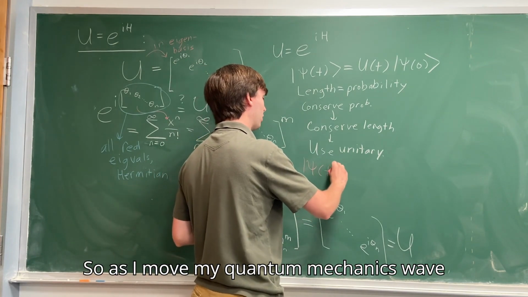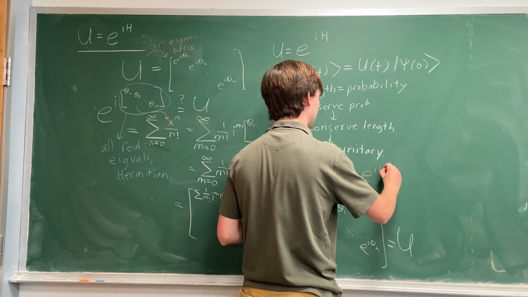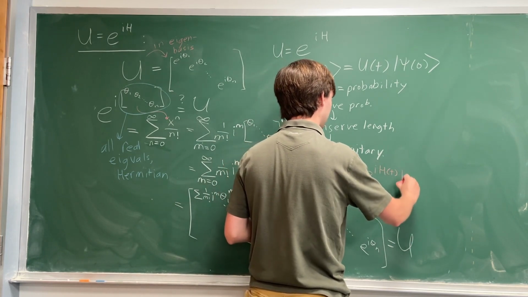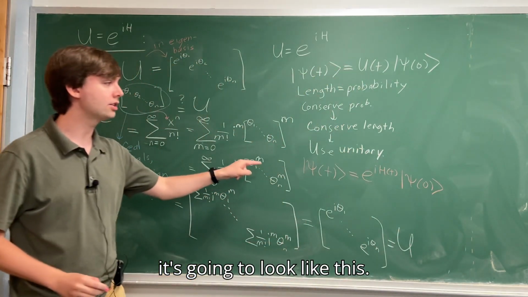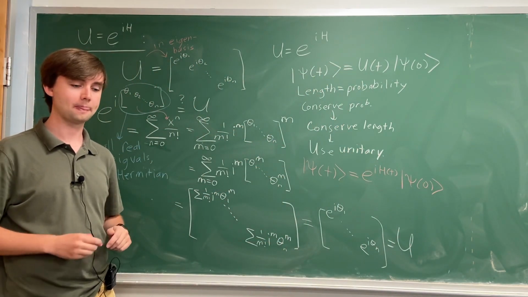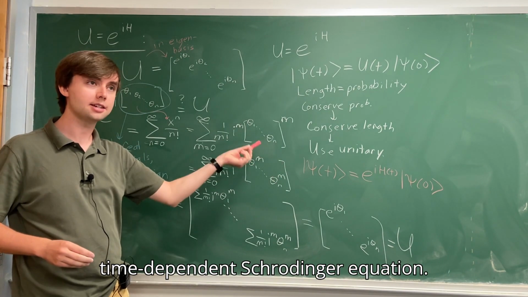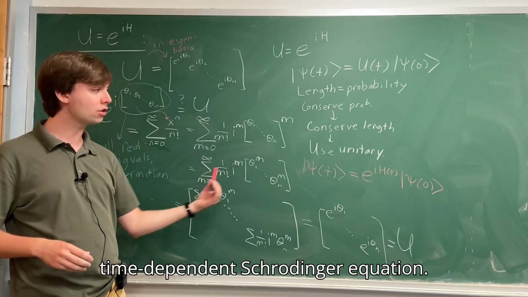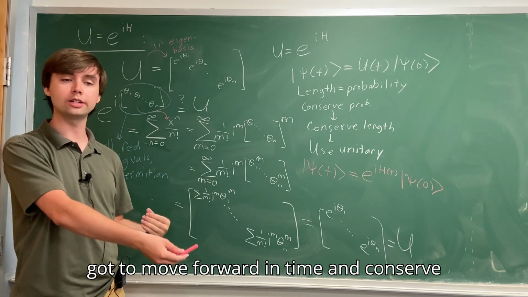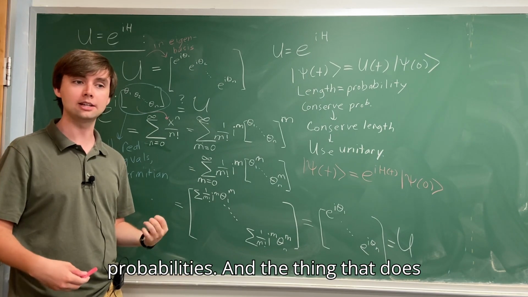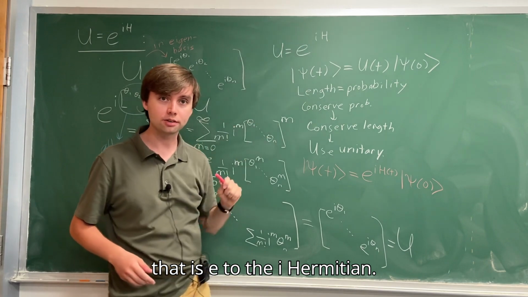So as I move my quantum mechanics wave forward in time, it's going to look like this. And this is exactly what obeys the time-dependent Schrodinger equation. It just comes from the fact that you've got to move forward in time and conserve probabilities, and the thing that does that is e to the i Hermitian.